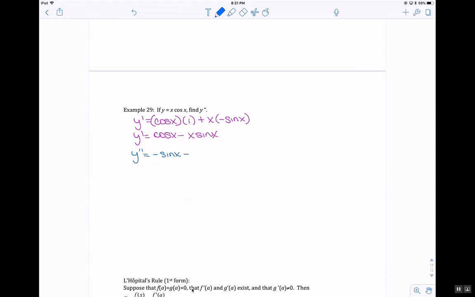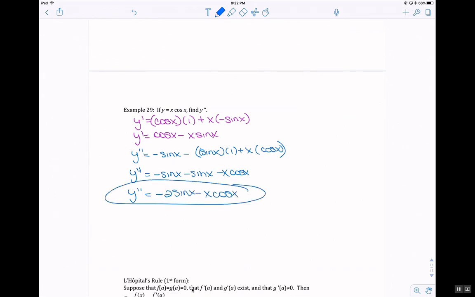Minus a product rule: sine of x times the derivative of x, which is 1, plus x times the derivative of sine, which is cosine. So y double prime is negative sine of x minus sine of x minus x cosine of x, so y double prime is negative 2 sine of x minus x cosine of x.